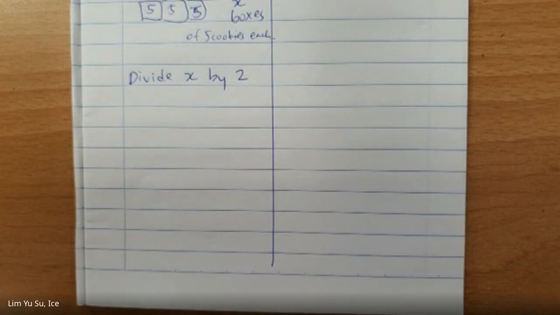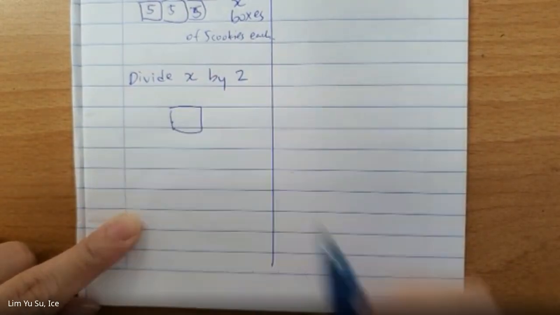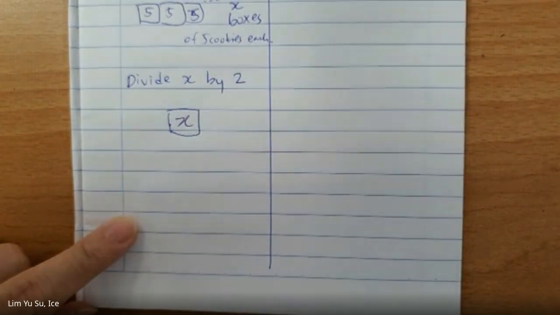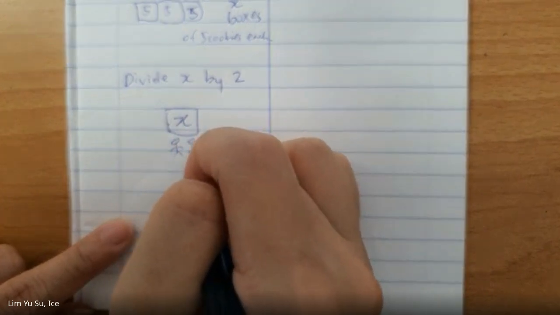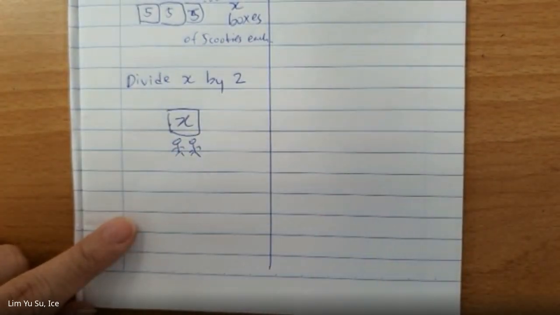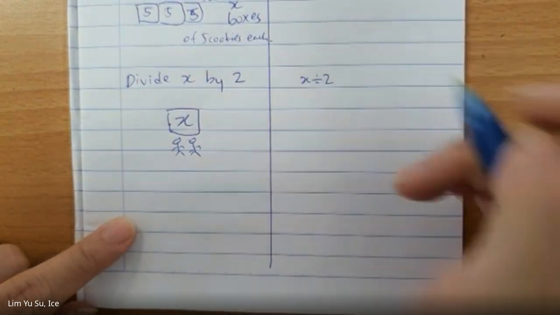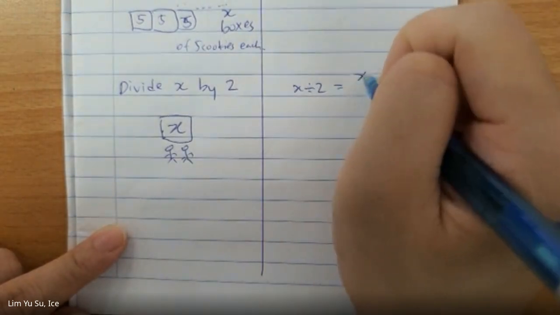Which means I have a box of cookies, the number of cookies inside I don't know. I use X to represent. And I got 2 people to come over and share it. So basically, X divided by 2. But that's not the expression yet. The expression is X over 2.